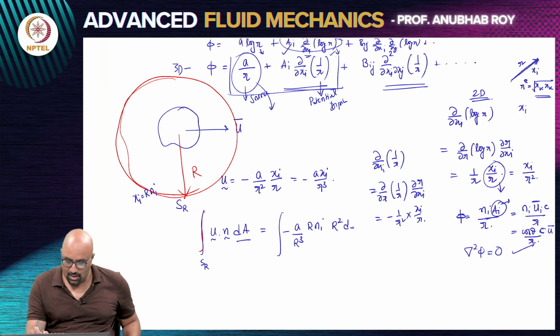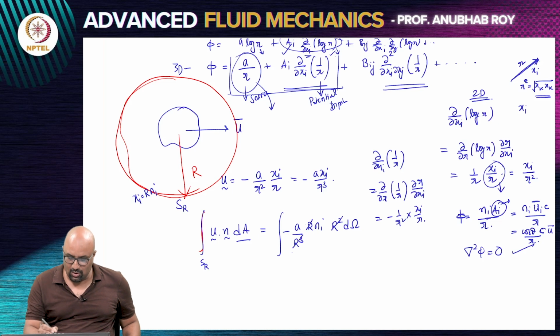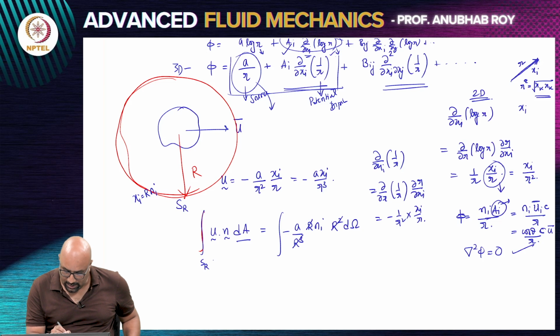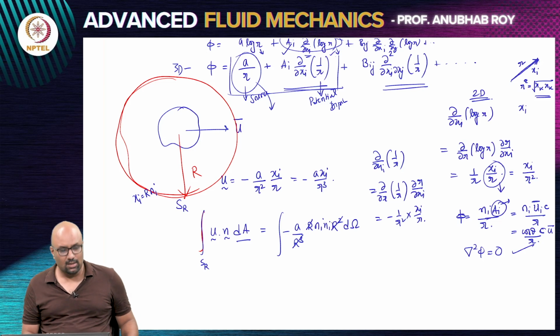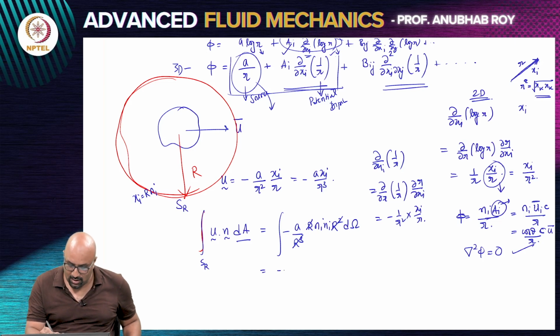R square d omega. So, R square, R cube, all of these would cancel out. So, u would have an n and then there is a u dot n. So, that n would become 1 and your answer would be minus 4 pi a.